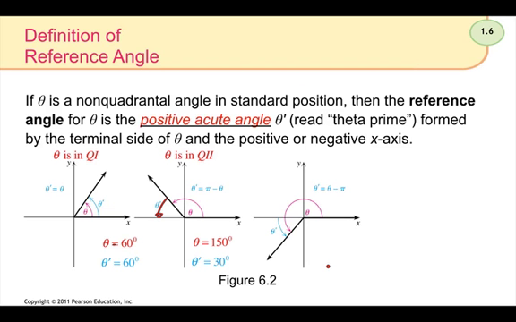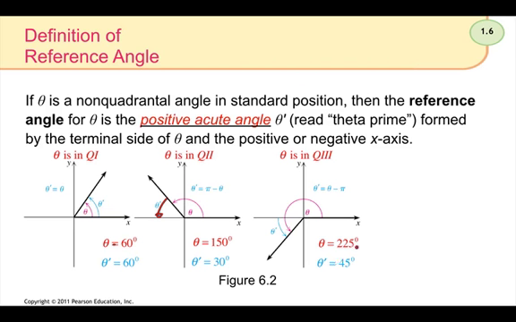Let's say that theta lies in the third quadrant. Look at this example, the angle in quadrant 3, 225. The angle formed here is the acute angle with the negative side of the x-axis, which is 45. How do we get this?